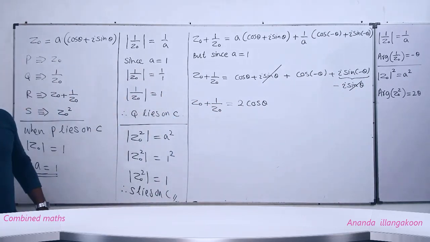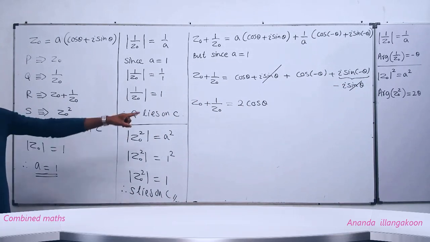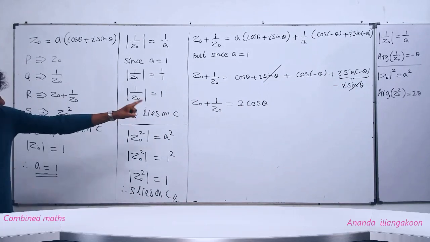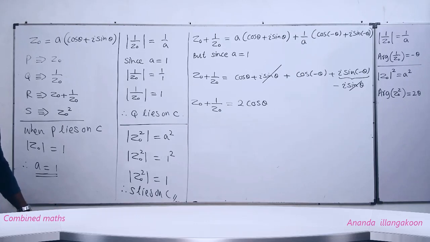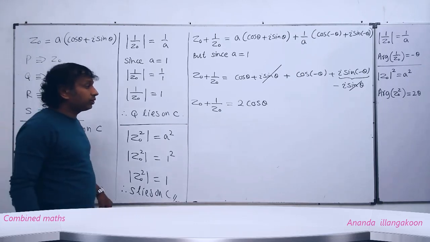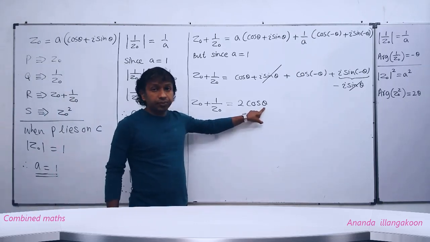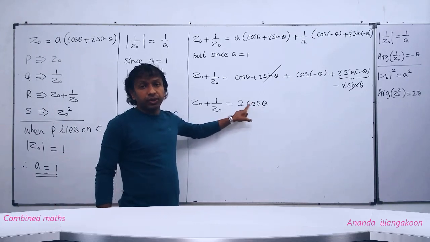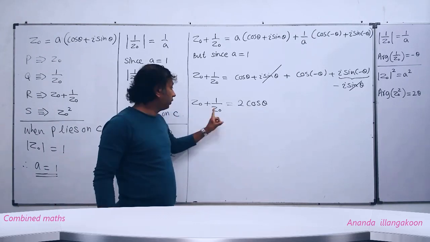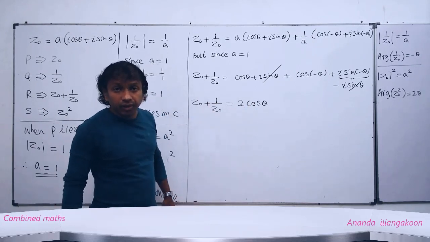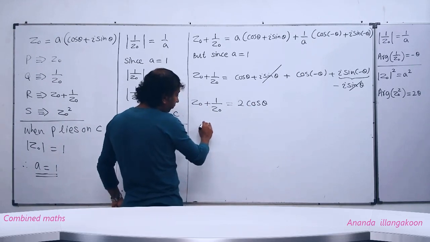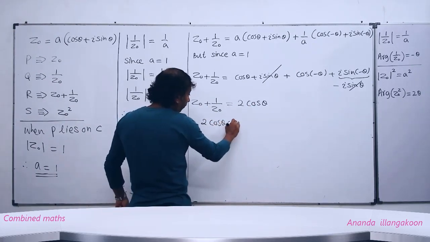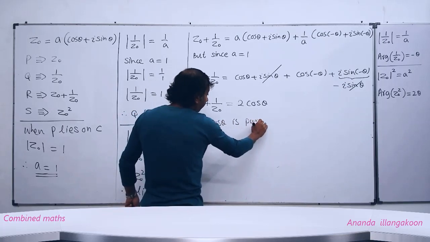Now let us ask the next question. Point R represents the complex number Z0 plus 1 upon Z0, and R lies on the real axis between 0 and 2. You can very clearly understand that cos theta is a real number. Multiply that by 2, and 2 cos theta is a real number. So therefore Z0 plus 1 upon Z0 is purely real.